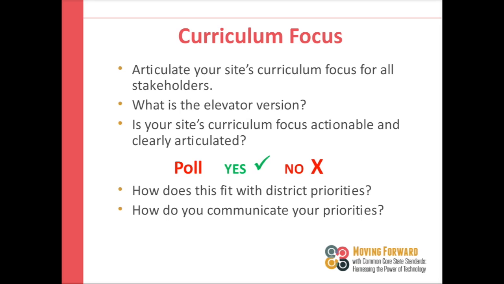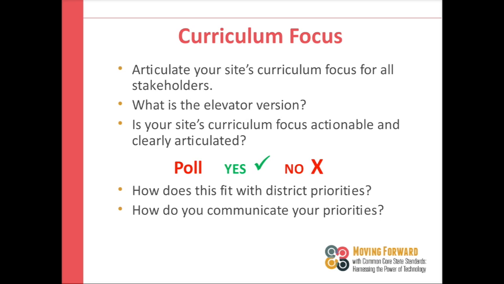So I think it's really important that when you do have a curriculum focus and you do have an alignment with your strategic plan, how do you communicate your priorities? And I think you have to use every possible way that you can. So whether it's on your websites and newsletters, it's on your letterhead, is it part of your email signature, is it on your business cards, your Twitter, your Facebook account?